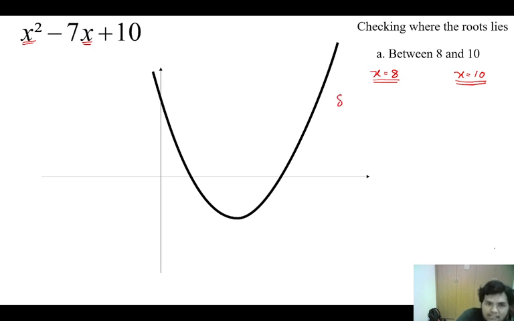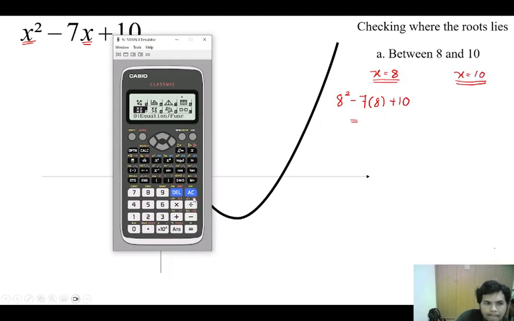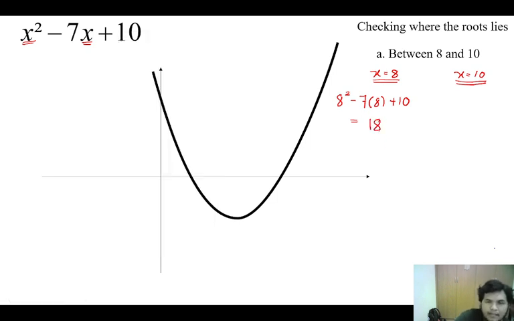So we have 8 squared minus 7 times 8 plus 10, which gives 18.